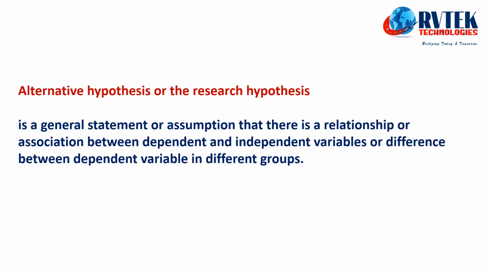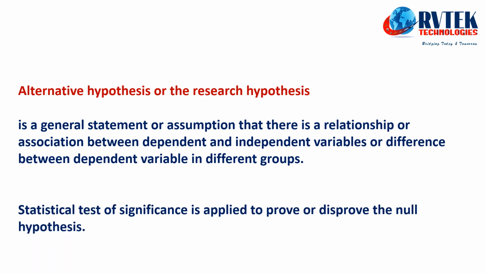The opposite of null hypothesis is known as alternative hypothesis or the research hypothesis. It is a general statement or assumption that there is a relationship or association between dependent and independent variables, or there is a difference in the dependent variable between different groups.